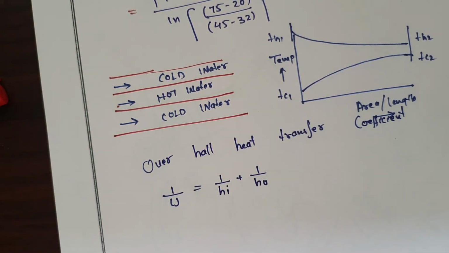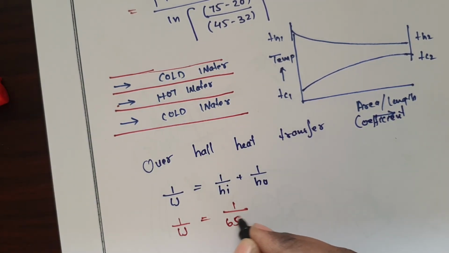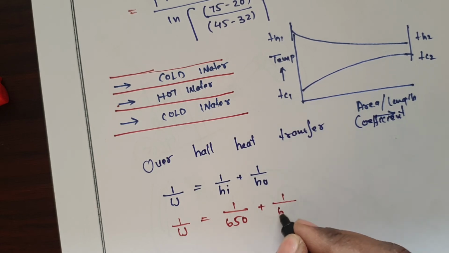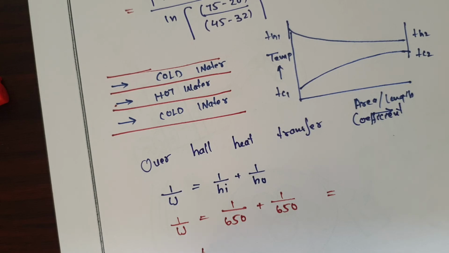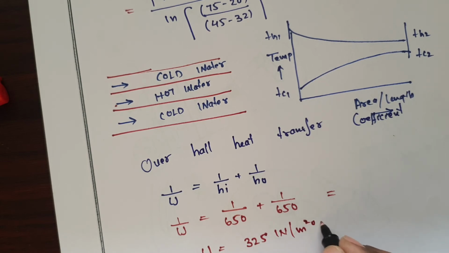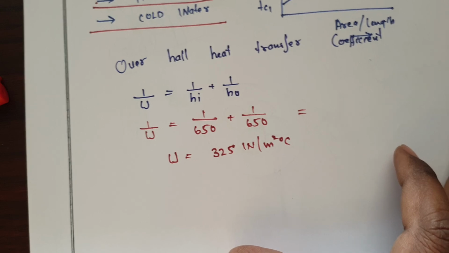So, here you know the value of 1 by Hi, how much is it? 650, and 650. If you solve this with the help of calci, you will get the value of U as 325 watt per meter square degree centigrade.